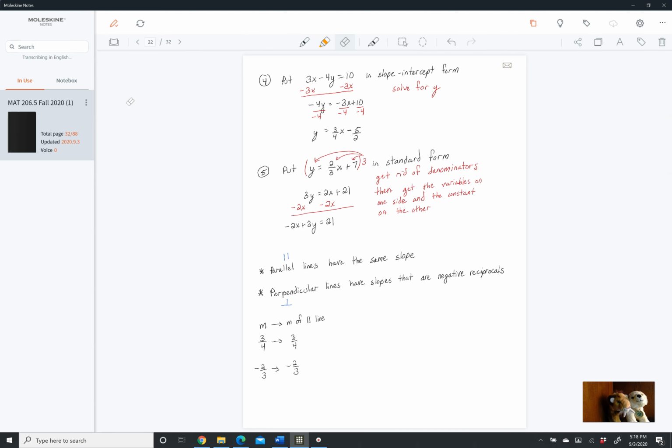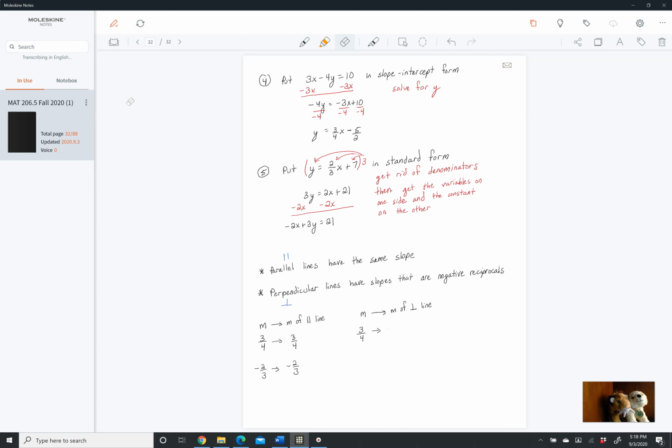Okay, if the slope of a line is 3/4, then the slope of the perpendicular line is the negative reciprocal. So what that means is that you flip your fraction, you're taking the reciprocal of the fraction, and you're making it negative.